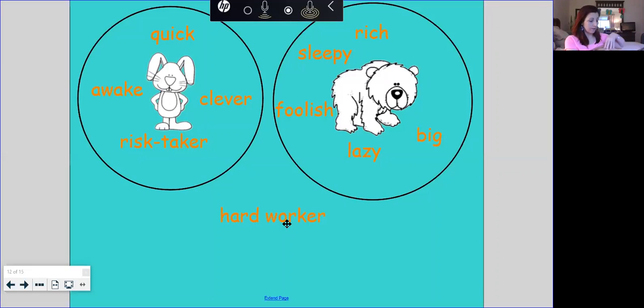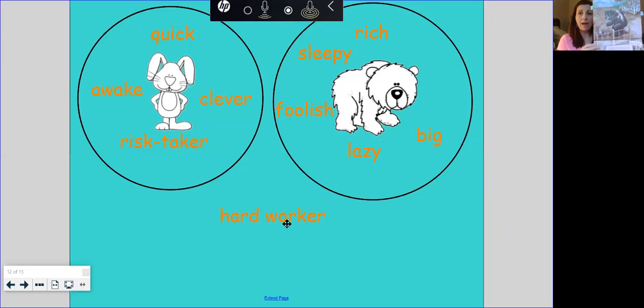In the beginning of our story, we have lots of examples of Hare working hard with his family, right? To water and weed and plant, make sure that the crops were growing. And while Bear was lazy in the beginning of our story, think about the end too.